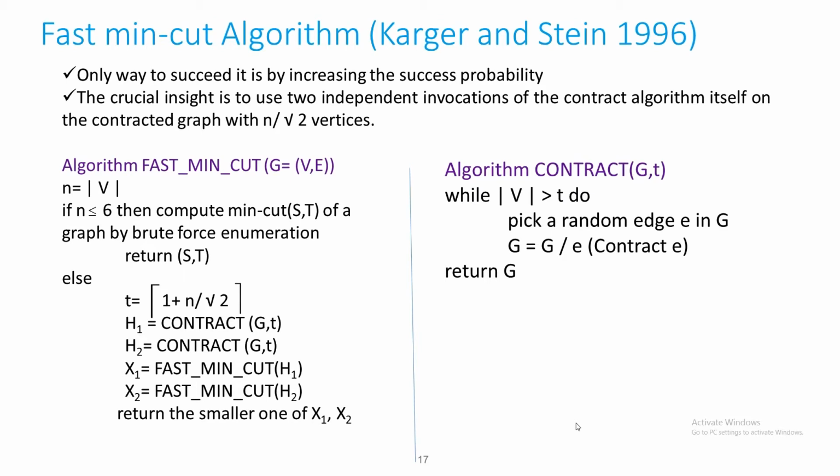We have to decrease that, and the crucial insight is that in the binary tree, if you do iterations one by one, then the height will be of the order of n. If you can do 2 iterations in parallel or simultaneously, then you can reduce the computational complexity. So I will discuss this algorithm in the next class.